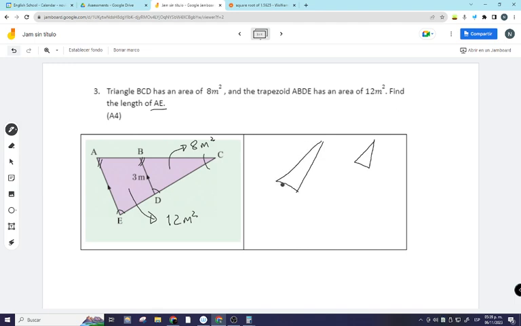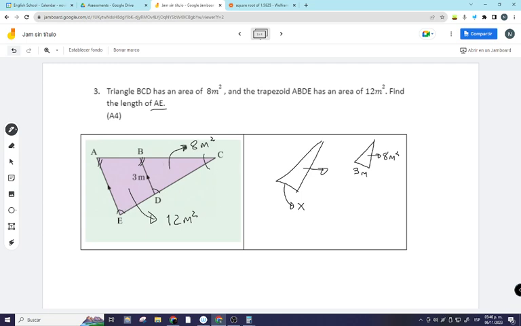So here we have a measure of 3 meters, and this area is 8 square meters. And this one, we don't have it. Let's call it X. And this area is not 12 square meters, because this 12 is only the trapezoid here. What does it mean?